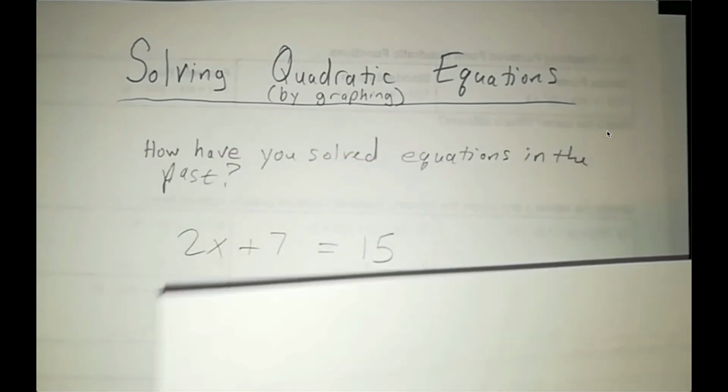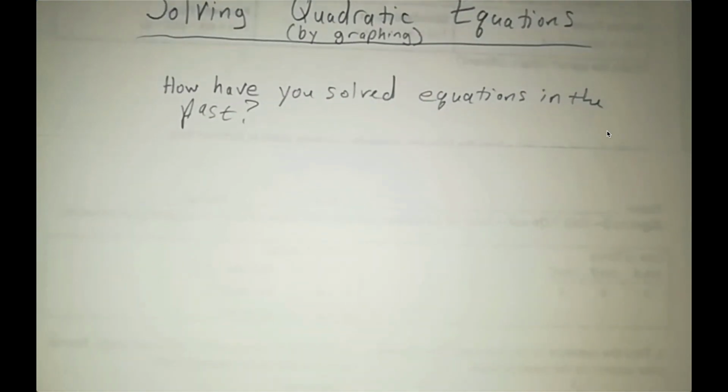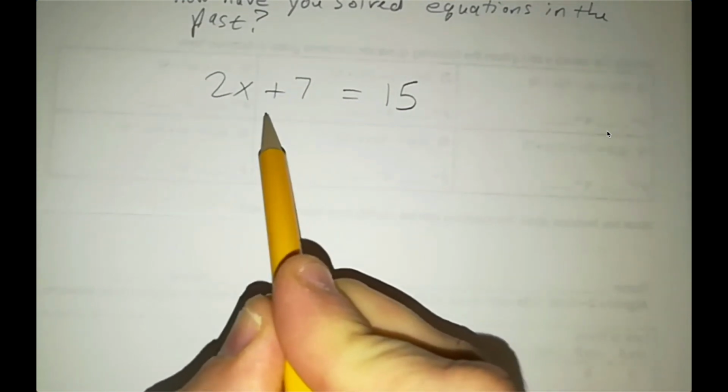Now, before we do that, let's think about how you have solved equations in the past. So let's just take an equation like this, 2x plus 7 equals 15. How do you get x by itself? Well, how you probably were taught is to undo the operations being done to x in some manner or another.